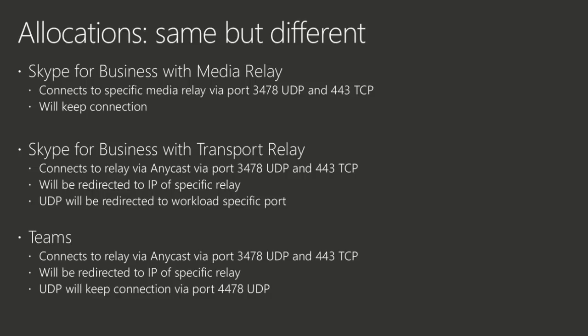But whenever I, as a Teams endpoint, talk to my own transport relay, this traffic on UDP will be 3478, no matter the workload. And I didn't include TCP here because TCP will always be 443. There is no redirection or no specific ports. And what is here 4478 should be 3478. My apologies.